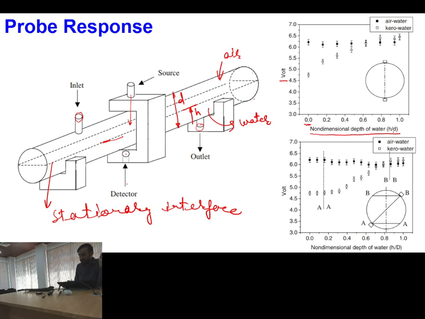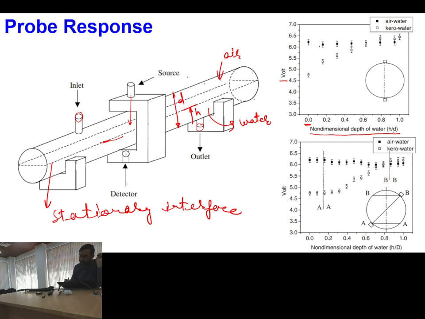When h by d is 0, it means the pipe is completely filled with air. When h by d increases to 1, the water level has increased and the pipe is fully filled with water.